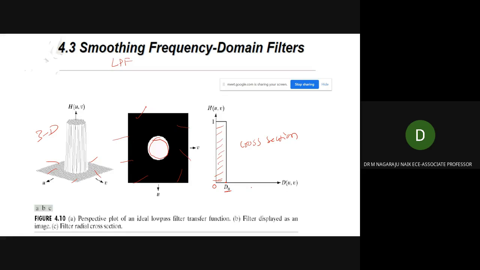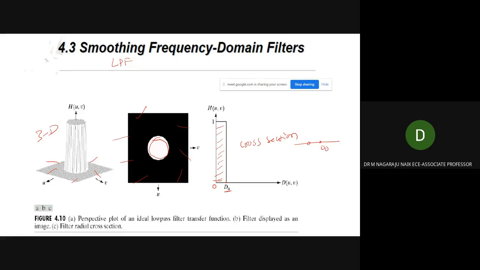Now from the diagram of C, it shows that the complete filter transfer function can be generated by rotating the cross section by 360 degrees. Suppose we have the origin and D naught.